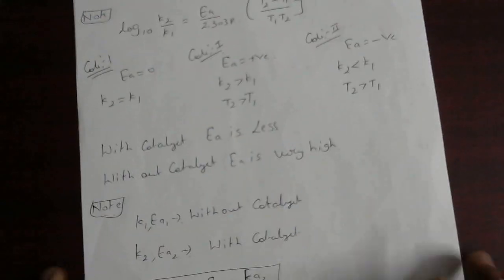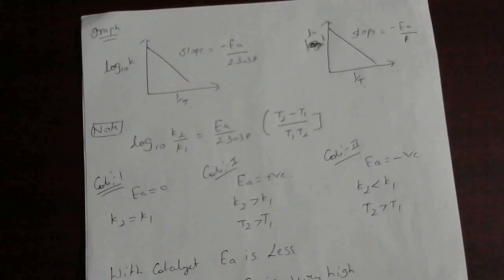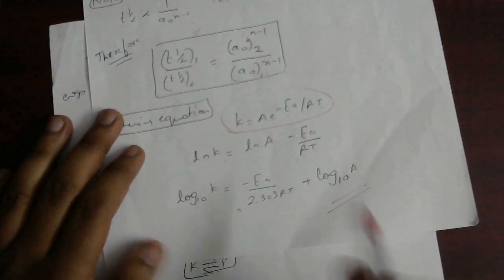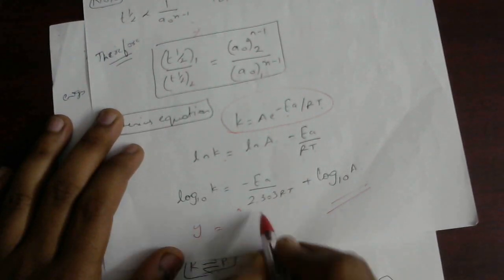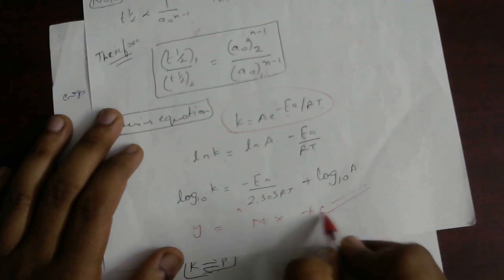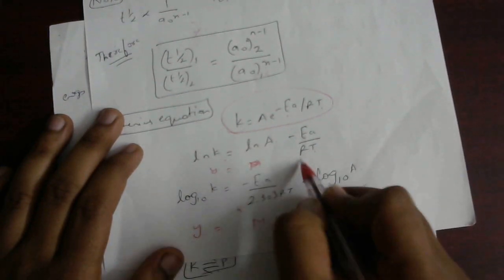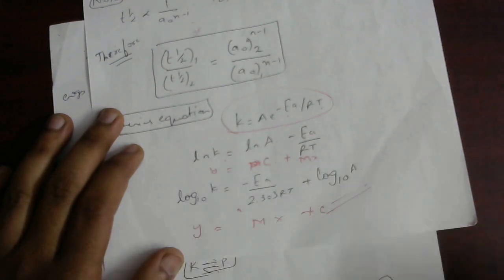And if you draw the graphs with respect to log to the base 10, here just try to apply y equal to mx plus c. Here also y equal to mx plus c.